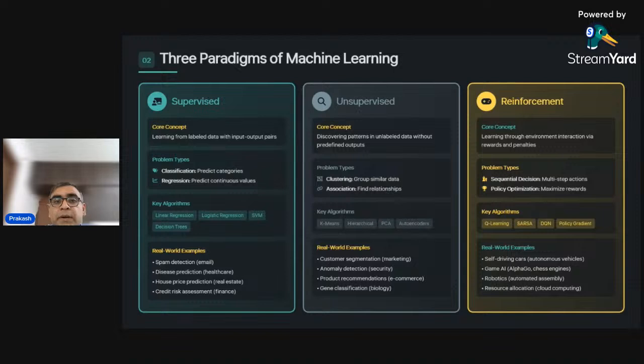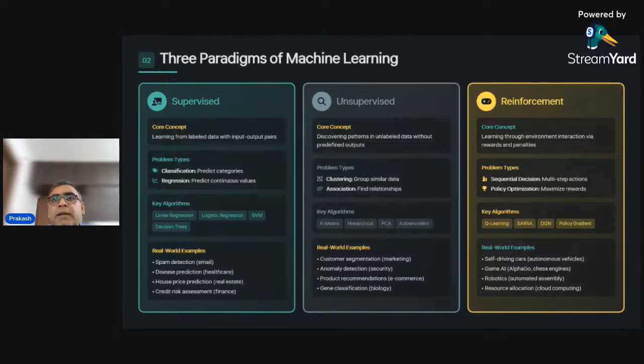So that is clustering. What is association? It is more like finding relationships. For example, it is generally used in marketing or e-commerce, where if somebody is buying something, you try to offer them something related, so that they are most likely to buy it. Bread and butter could be an example.